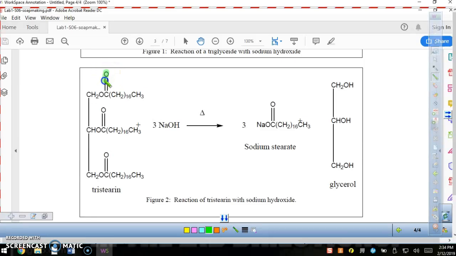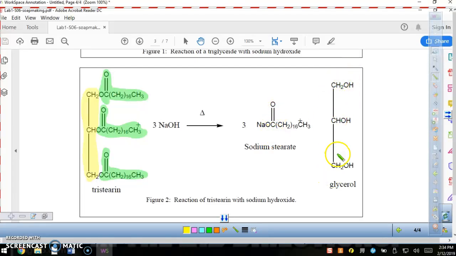The fatty acids are this portion right here. So we have these branches. This is why we call it a triglyceride, because there are three branches on a glycerin backbone. So this is the backbone that holds these together.